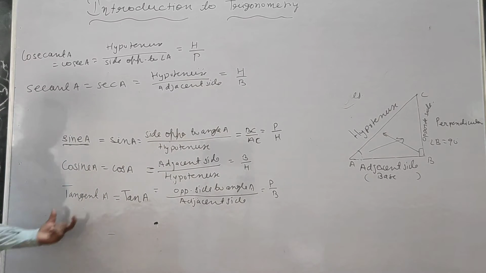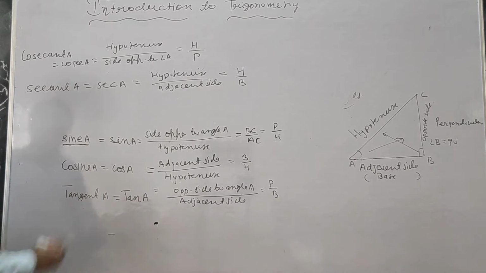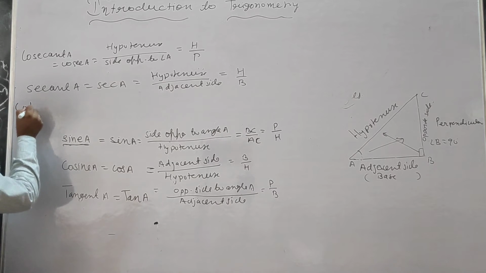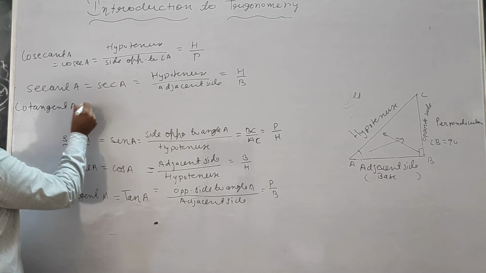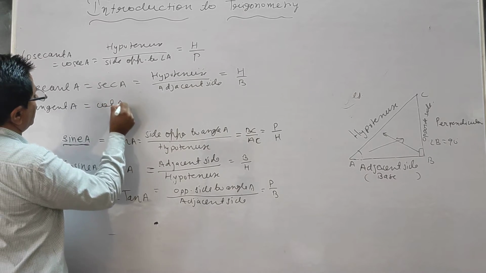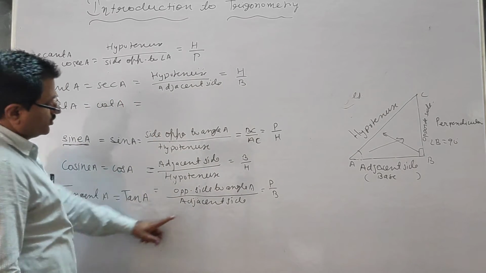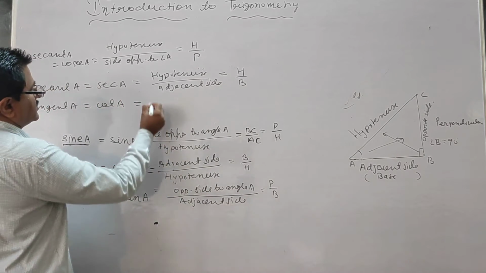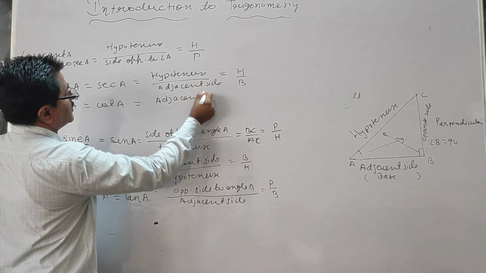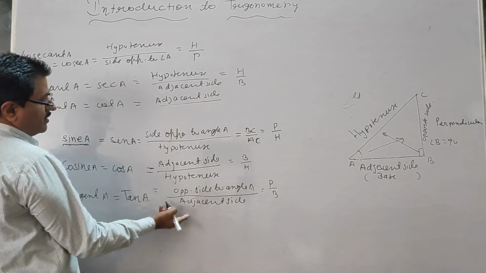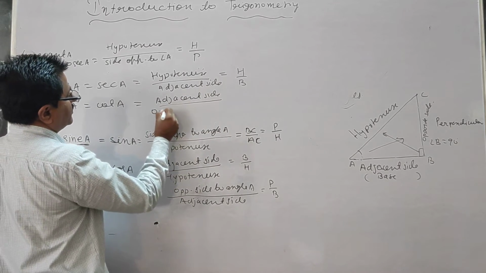Now third, the reciprocal of tan is cotangent of angle A, in short form cot A. So we can write adjacent side upon opposite side.